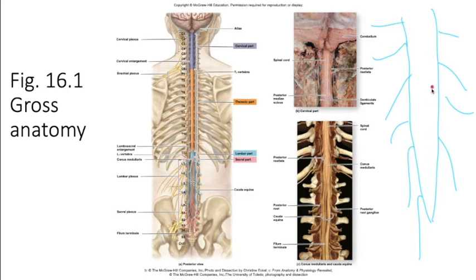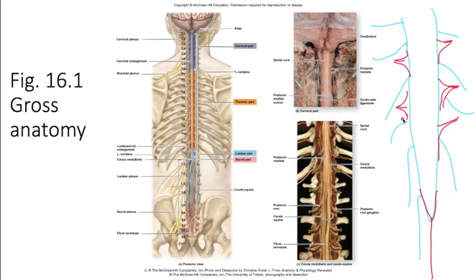This is what I want you to see. It's totally covered in pia, but in between the nerves, we get this little bit of pia that just pulls away, and it actually anchors to the lateral sides of the vertebral column. This is anchoring the column side to side, whereas the filum terminale is anchoring it, I guess, top to bottom.